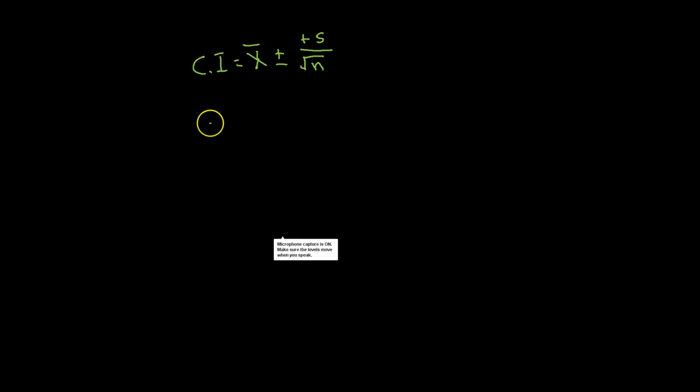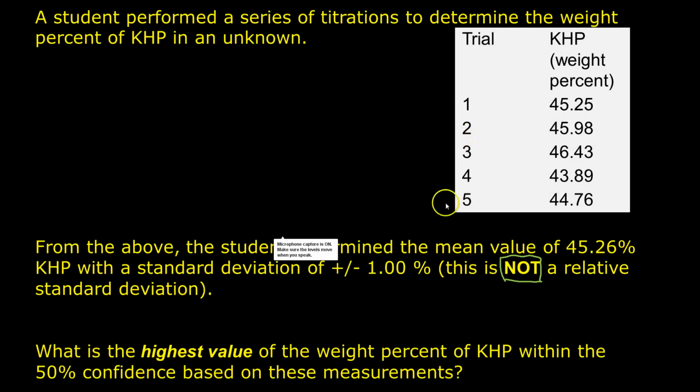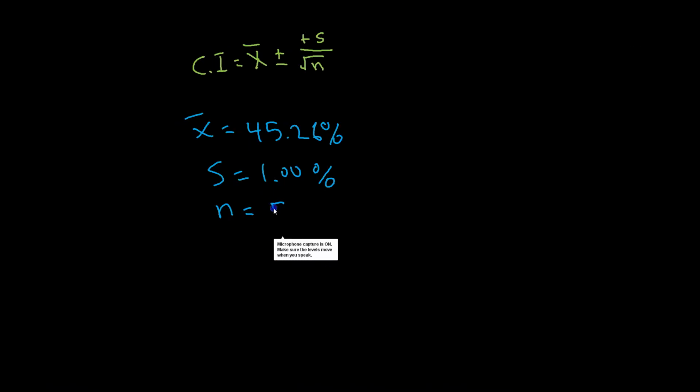I tell you that your X equals 45.26%, your S equals 1.00%, and your N, this one I don't give you, but you have to look at the table and realize you have 5 measurements. So N is 5. Okay, so all you have to do is plug these numbers in.